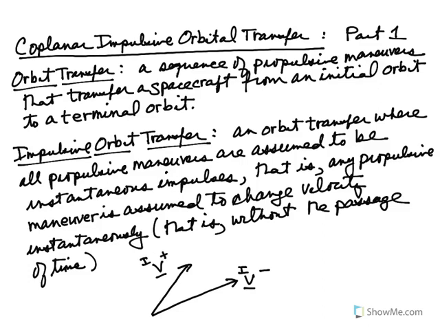Then without the passage of time, this maneuver is referred to as delta V I, and it changes velocity instantaneously, that is, without the passage of time. So delta V I is called an instantaneous impulse.